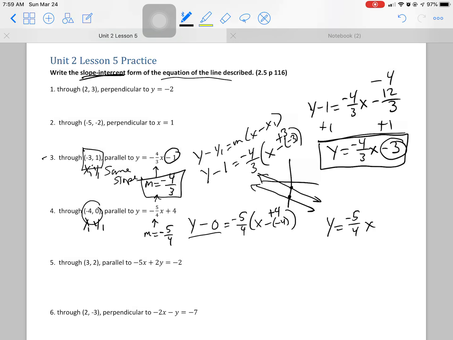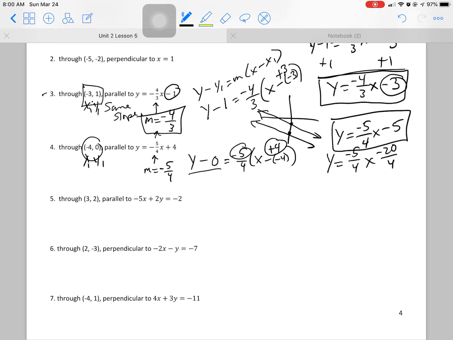Distribute. All right. -5 times a +4 is -20/4, and -20/4 is a -5. All right, parallel, same slope, different B.